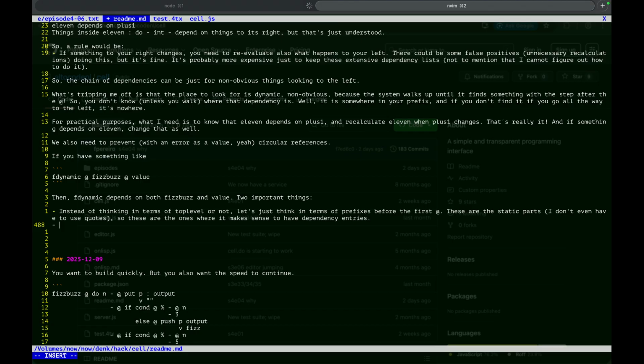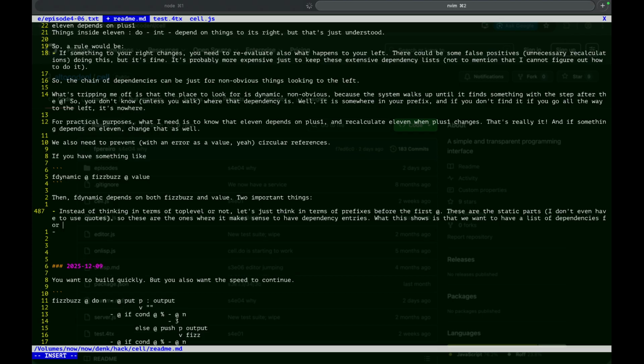Okay, so what this shows is that we want to have a list of dependencies for each call that is the leftmost on its path.